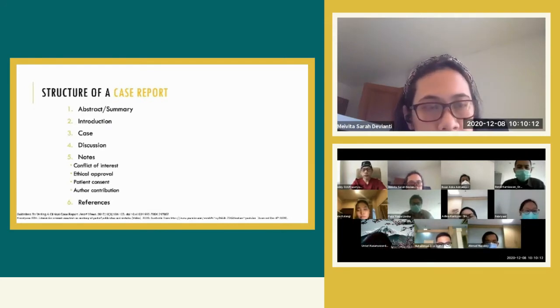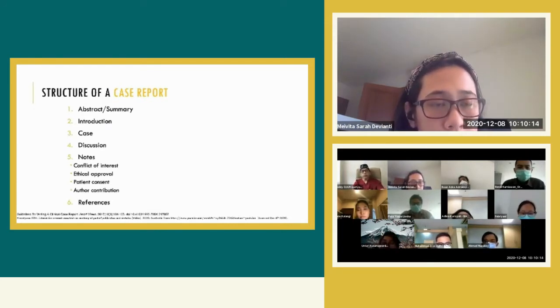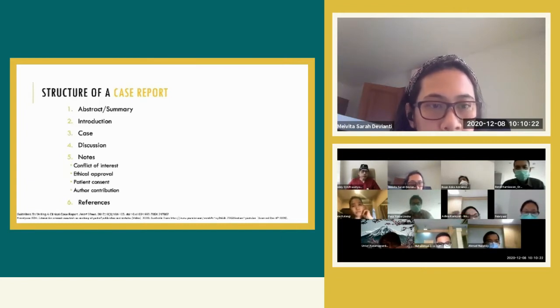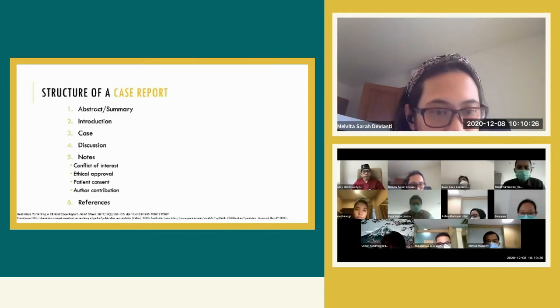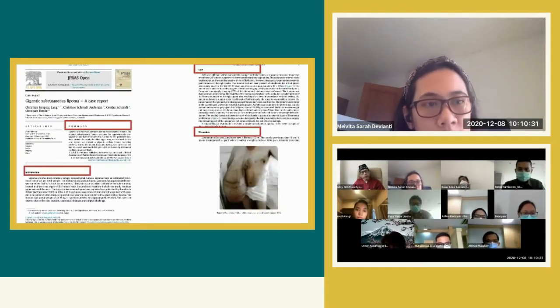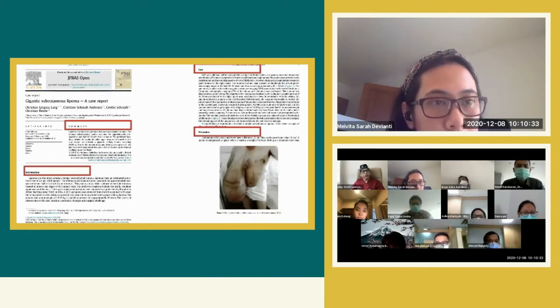The case report itself consists of several structures. Started from the abstract and then the introduction, continue with the case itself, and then we discuss the case, and we close it with the notes and references. This is an example of a case report that I found in the Journal of Plastic Reconstructive Surgery.